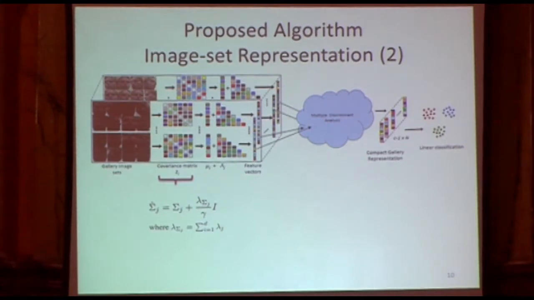One way is to add the sum of all the eigenvalues to the diagonal of the covariance matrix. But computing all the eigenvalues may take some time, so we use a simpler measure by taking the trace of the covariance matrix and adding it to the diagonal elements. The gamma here should be the size of the covariance matrix.